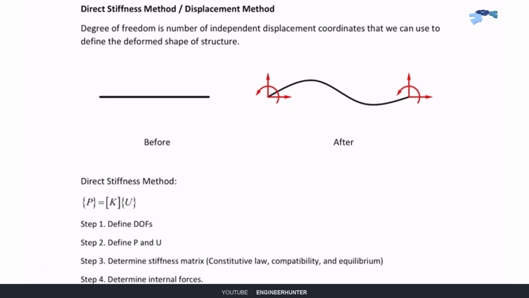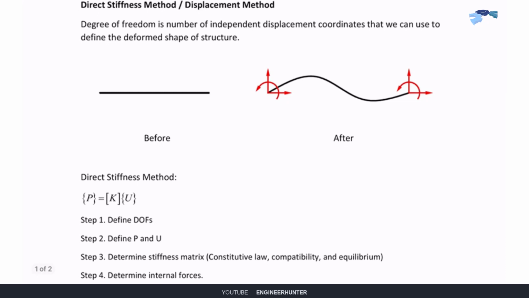So the first thing is the degree of freedom. You can say that the degree of freedom is the number of independent displacement coordinates that we can use to define the deformed shape of a structure. You can look at the example here. We have a beam like this one.